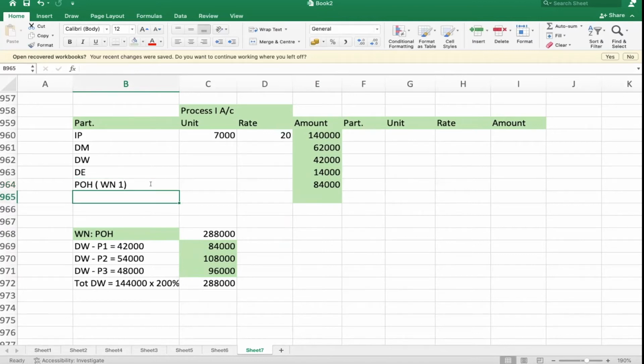Are you comfortable? Yes, sir. Any other expenditure there? That's all, no? Debit side, all the expenses are over. Any doubt in the debit side? No, sir. Now you have to go to the credit side.